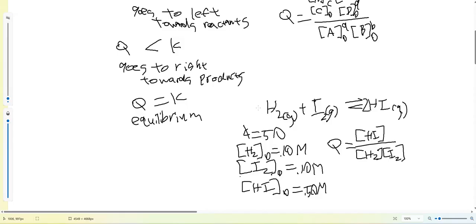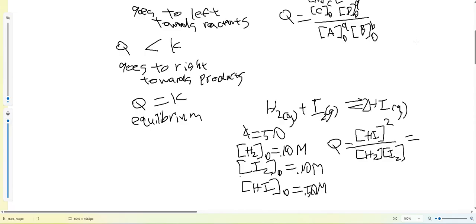So we raise our concentrations here by our coefficients, which means that HI here needs to be raised to the 2. So we have 0.5 times 0.5 divided by 0.1 divided by 0.1 yet again.